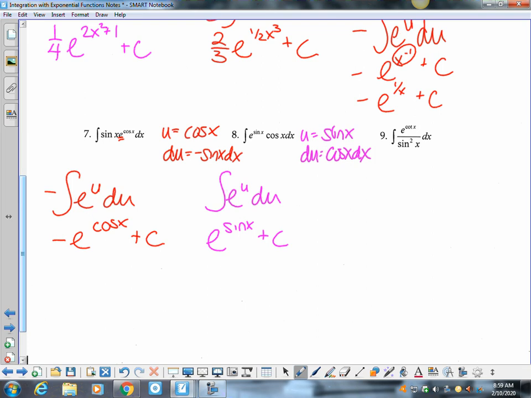Okay. Now, help me with the thought process on number 9. That is a cotangent up yonder. So if I let my u be cotangent. Sine on the bottom is a cosecant. What is the derivative of cotangent?